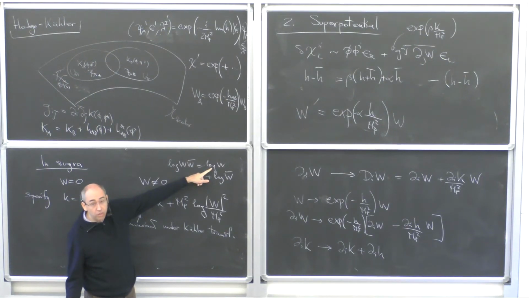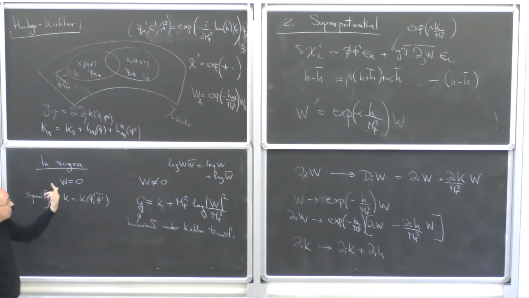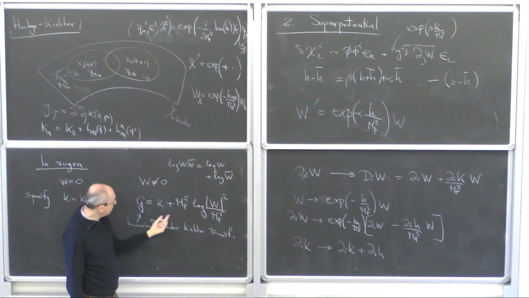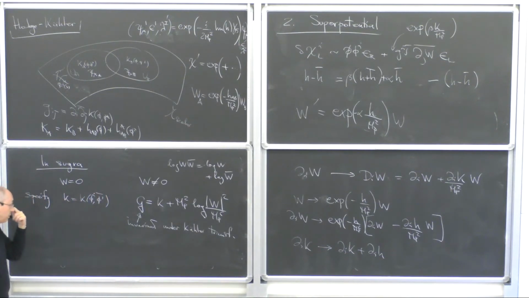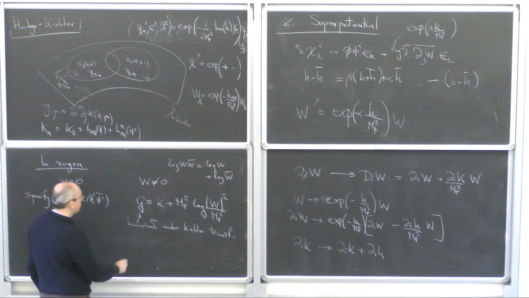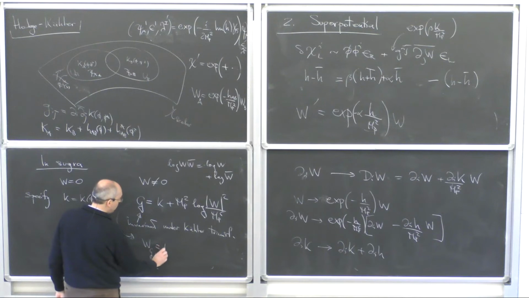And of course, this is non-trivial only if W is non-zero. If W is vanishing, then you cannot do that. But if W is non-vanishing, then you can shift the Kähler potential by that Kähler transformation and reabsorb it into the Kähler potential. And so in this basis, essentially, your superpotential is just a constant.